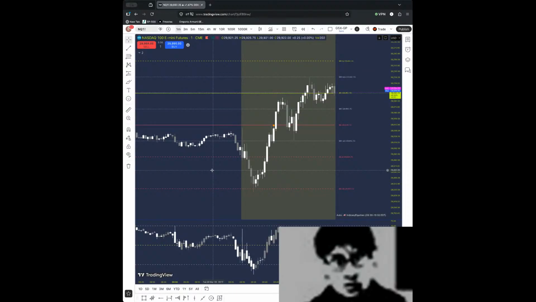They need to get through this floor here, 29.80. If they can get below the floor, 10.06, 10.05 candle, I'll be a little more confident. I think they're just teasing right now.